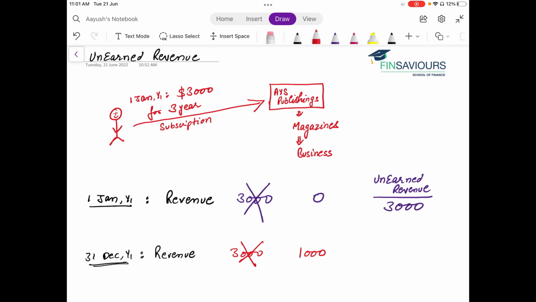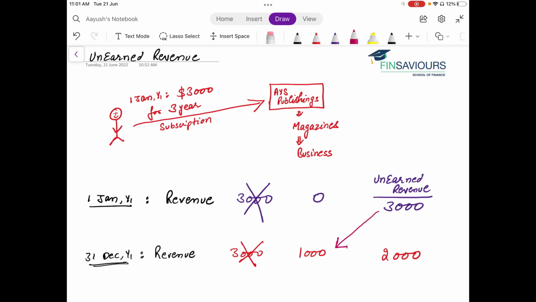And what will be the balance of unearned revenue yet? 2,000. How come 2,000? Because you remember when I received the cash, I took everything to unearned revenue. Now, every year, I am going to transfer the amount from the unearned revenue to my revenue account.